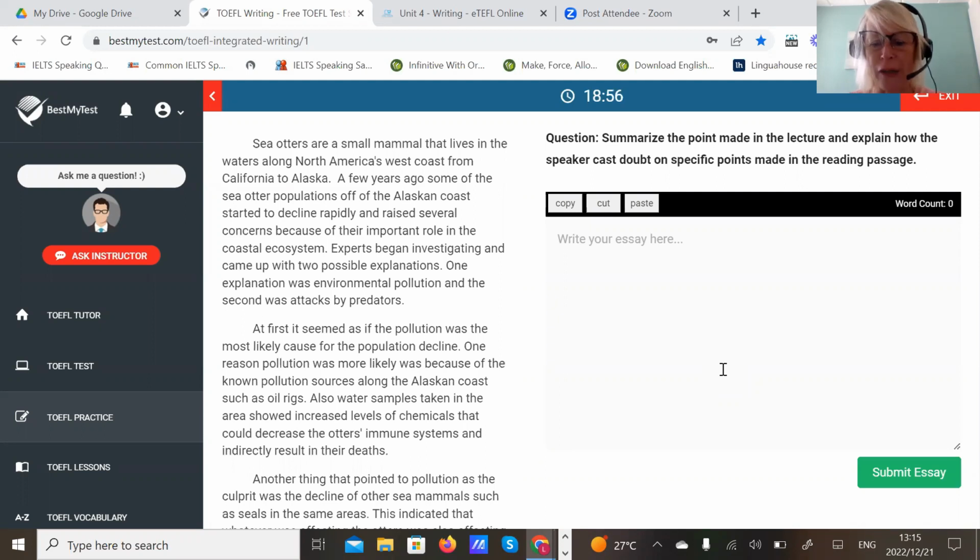Okay, and the structure, obviously the introduction, the body, the argument, the difference in opinion, making sure they cover these question points, summarize the point made in the lecture, and explain how the speaker cast doubt on specific points.